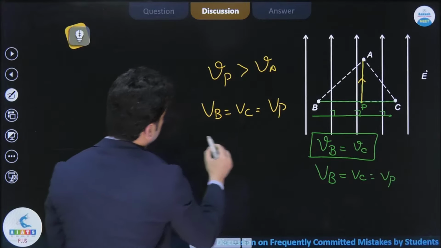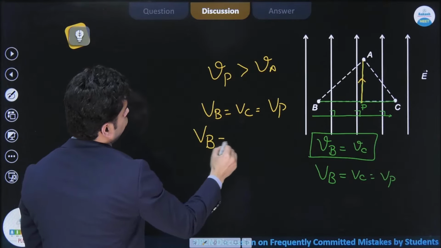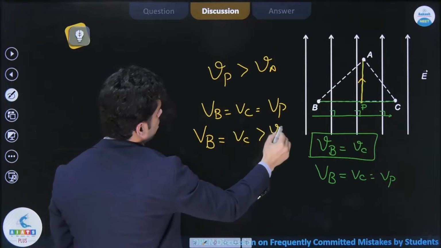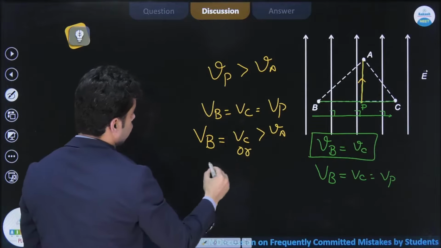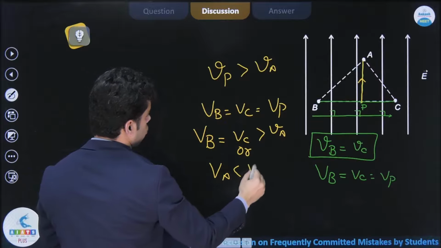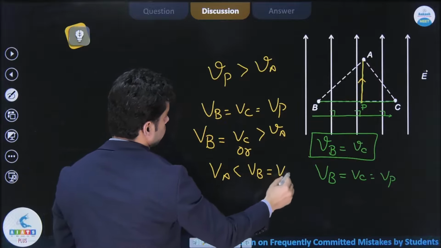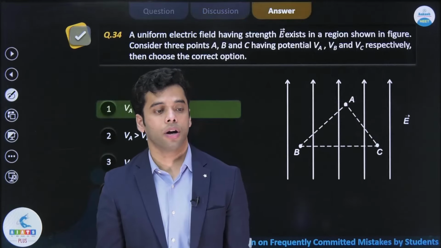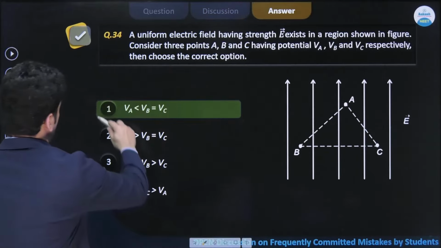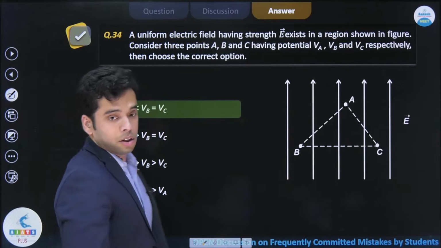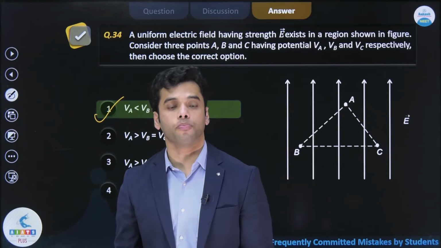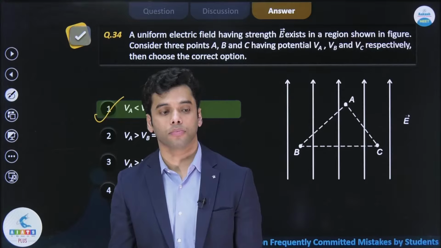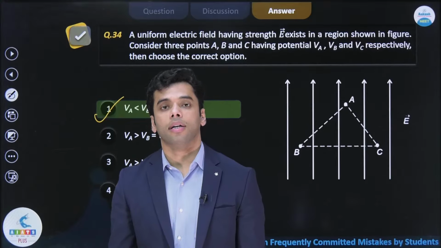So VB is equal to VC and both are greater than VA, or VA is less than VB equal to VC. Yes, so correct answer is option 1. कोई डाउट बेटा, कोई डाउट है इसमें किसी को? ओके, सो लेट्स मूव फॉरवर्ड.